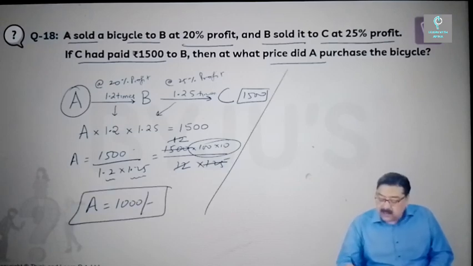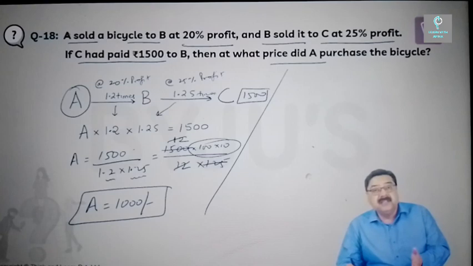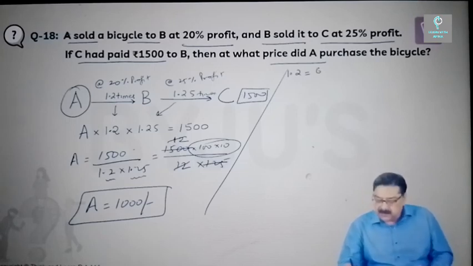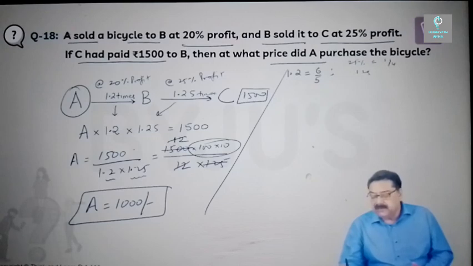Or else you can make use of fractional equivalent of these decimals. So 20% is 1 by 5, so 1.2 times or 120% shall become 6 by 5. 25% is 1 by 4, so 125% is 5 by 4. You add the denominator to the numerator.